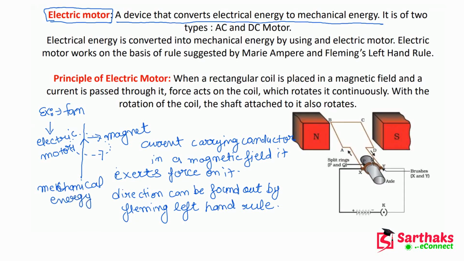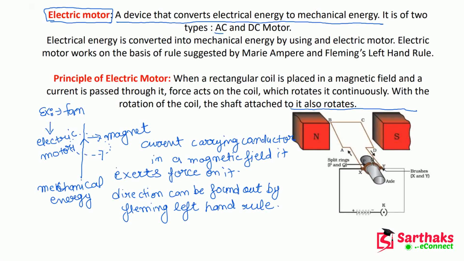So if you are asked what is the definition of electric motor, then you will simply say that it is a device that converts electrical energy to mechanical energy. Now how it gets converted, we will discuss here. But you need to remember that the conversion is being done here.